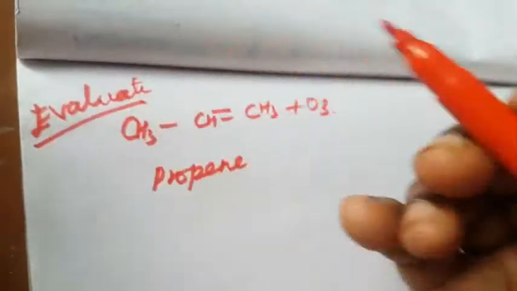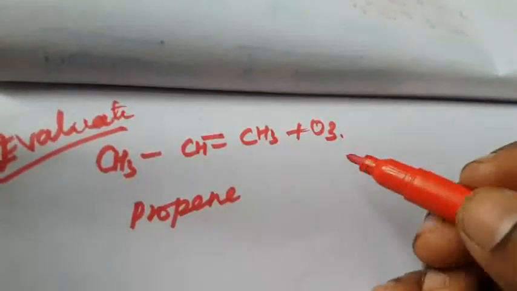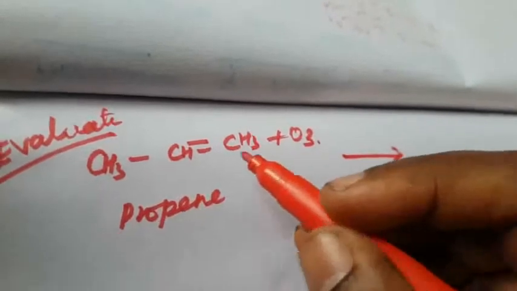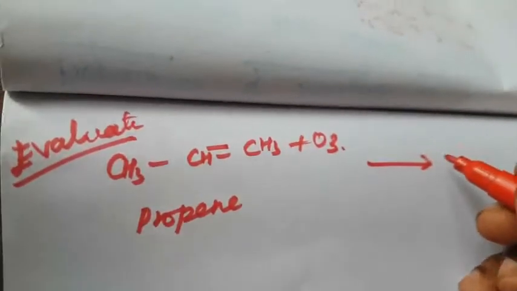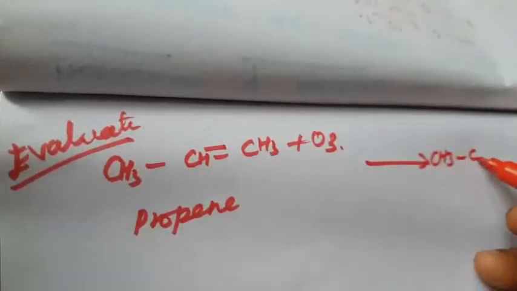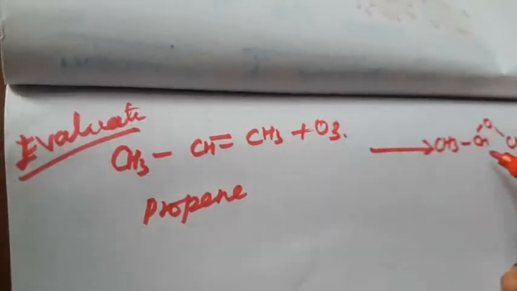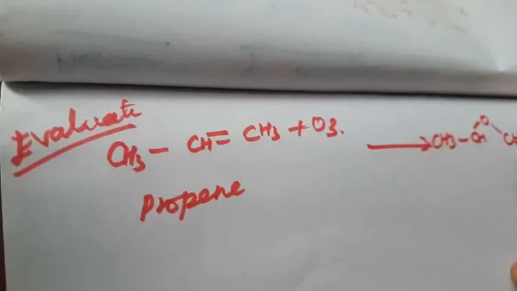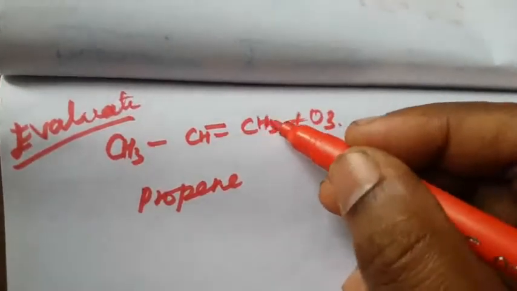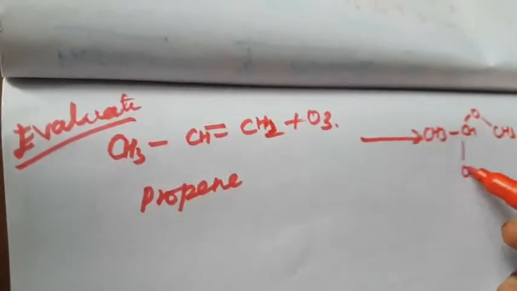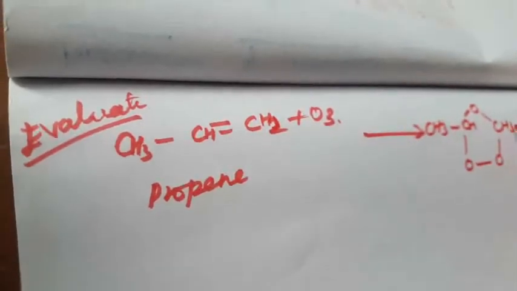Okay, that is propene reacting with oxygen. First is the double bond, that is CH3, C, oxygen, here one CH3, here CH2, right? Here one oxygen, here one oxygen.